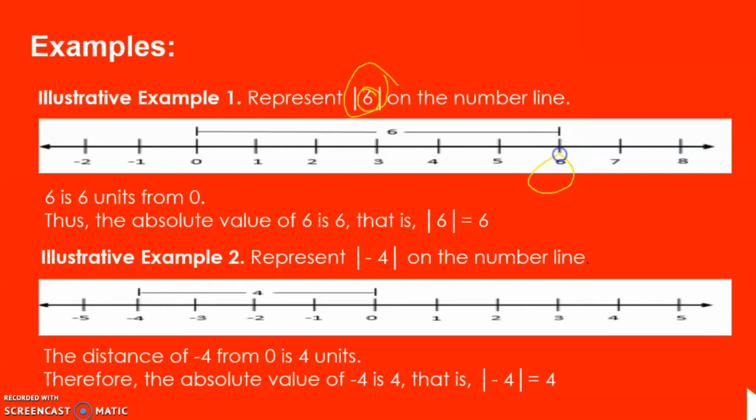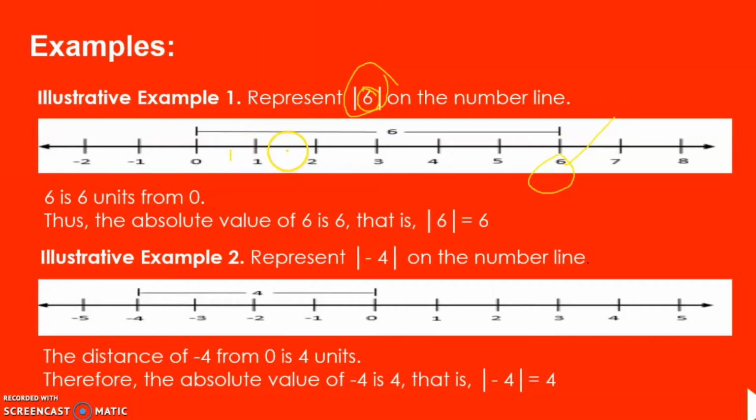So it says here the absolute value of 6, and we're asked to find it on the number line. We're going to count from 0 going to the right and place the number 6 here. It marks this one. We're going to find the distance units covered from 0 to 6.